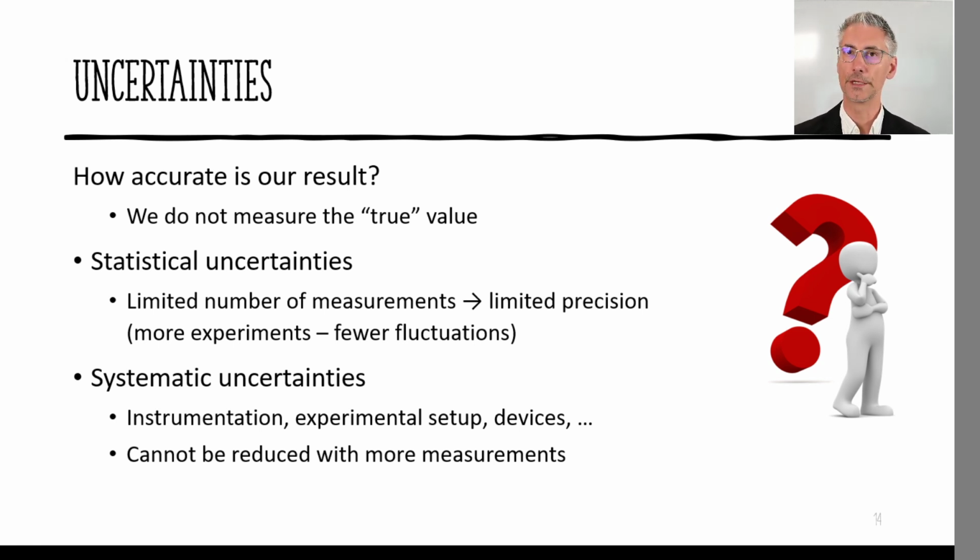Or rather, before we start designing an experiment, we need to be clear about how many measurement points we're going to take. So what is our anticipated statistical uncertainty? We need to balance that against the systematic uncertainties. It also doesn't make much sense to reduce the systematic uncertainties by buying extremely expensive equipment if we're limited by the number of measurements. But the two need to be balanced, right? So we don't want to be dominated by systematic uncertainties.